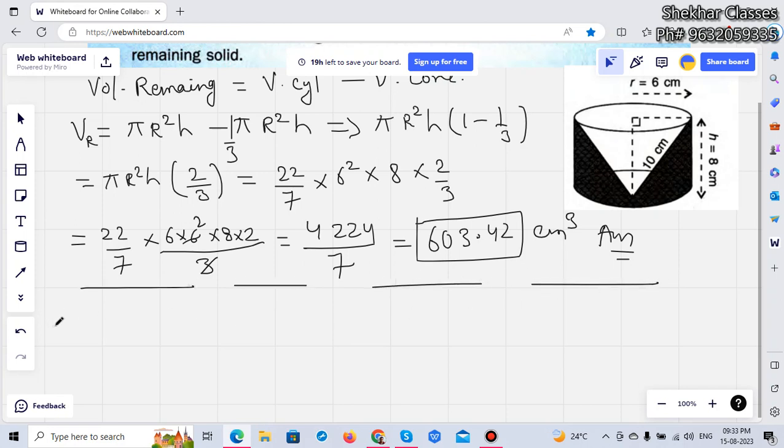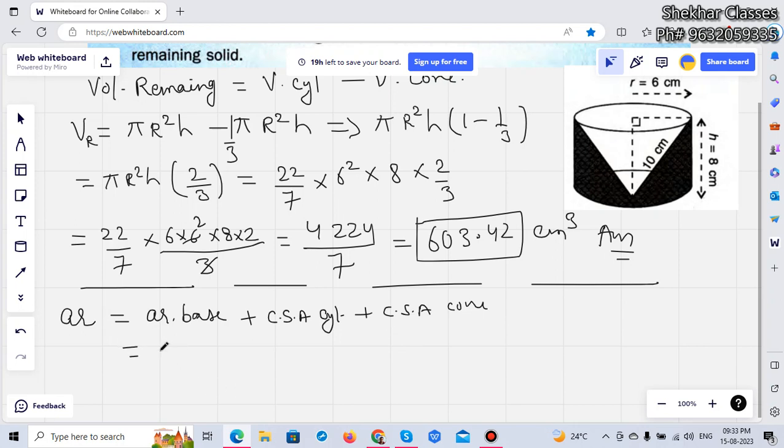So we can find the area of the remaining part like this. The area will be equal to area of base plus curved surface area of cylinder plus curved surface area of cone. That is what we have, nothing else.